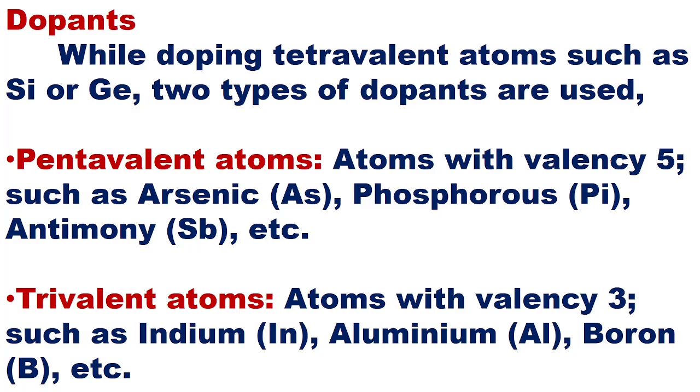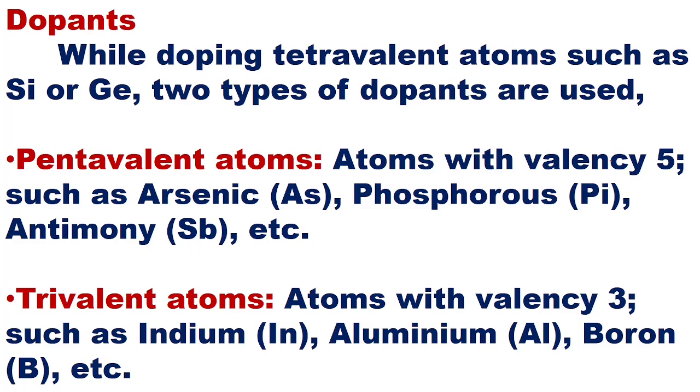The first type is pentavalent atoms, which have 5 valence electrons. Examples of pentavalent atoms are arsenic, phosphorus, antimony, etc.